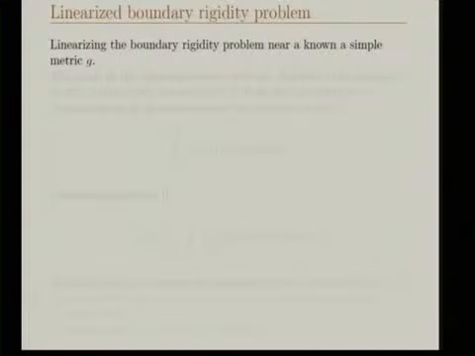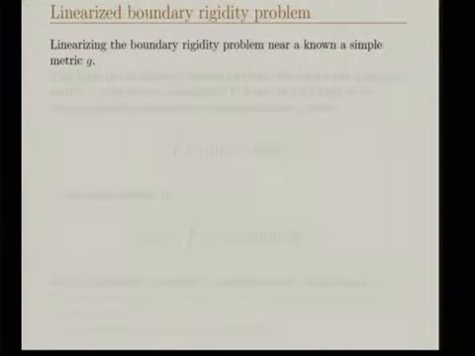Okay, so the determination of g from dg is actually a nonlinear problem, right? Because dg involves the square root of g_ij, it's a distance, right? So it's a nonlinear problem, and as we all know, nonlinear problems are harder than linear problems, right?